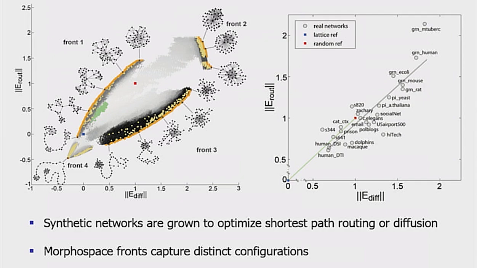The authors plotted various brain networks and other man-made naturally occurring networks in terms of their routing efficiency and diffusion efficiency. And what you can see is that most of the points lie along the identity line. In other words, they are about equally good at routing and diffusion. And this is perhaps by virtue of the fact that they have both communities and also this connective core.